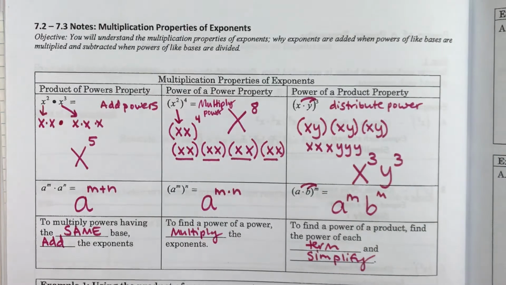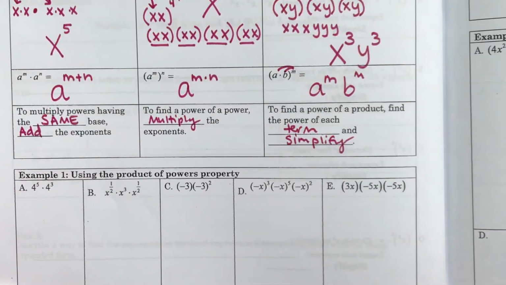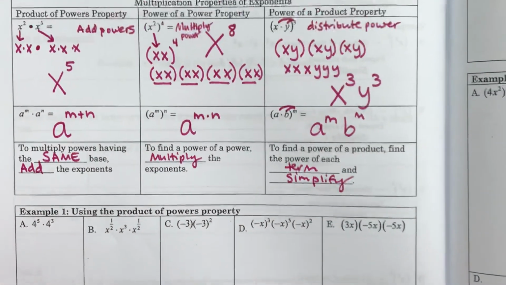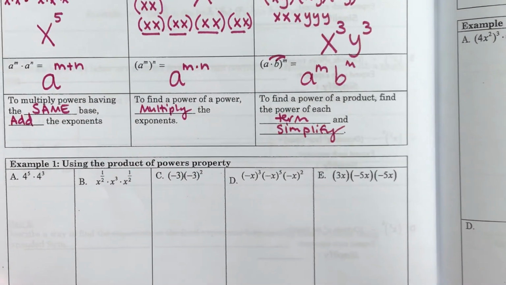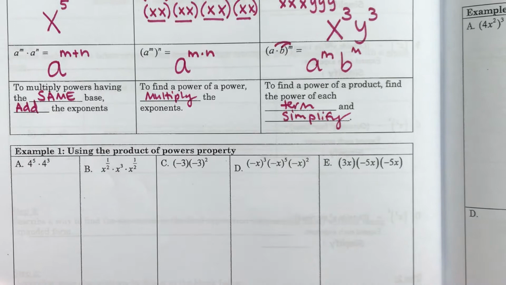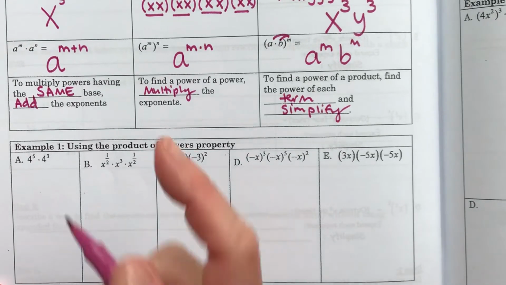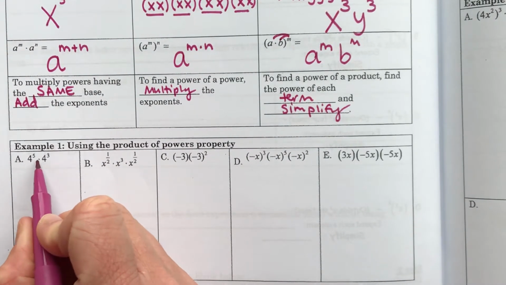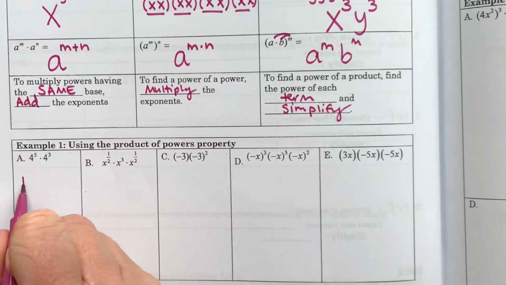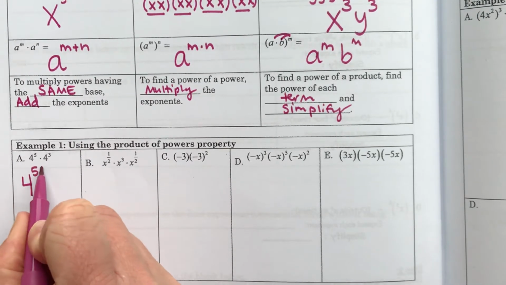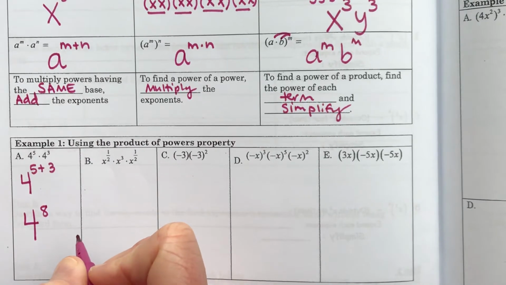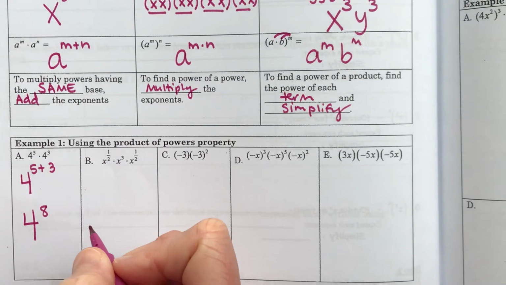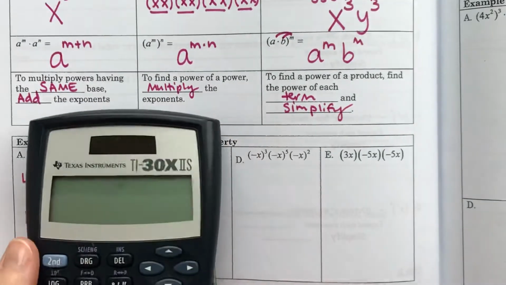So I'm going to give you in this first video multiple examples of our first rule, which was product of powers. So again, I'm going to do product of powers here, and then I'm going to show you 5 examples. So if I have the base of 4 repeated, the same base, all I need to do is add my powers. So here I get 4 to the 8th. Well, 4 to the 8th actually is a number, so if you use your calculator, I'll show you what button you'll push.